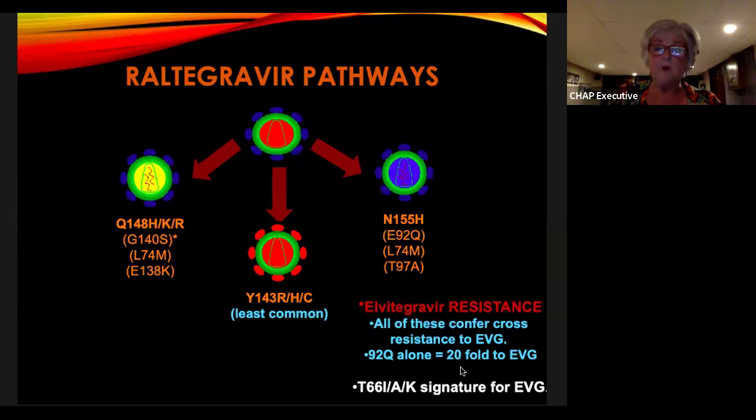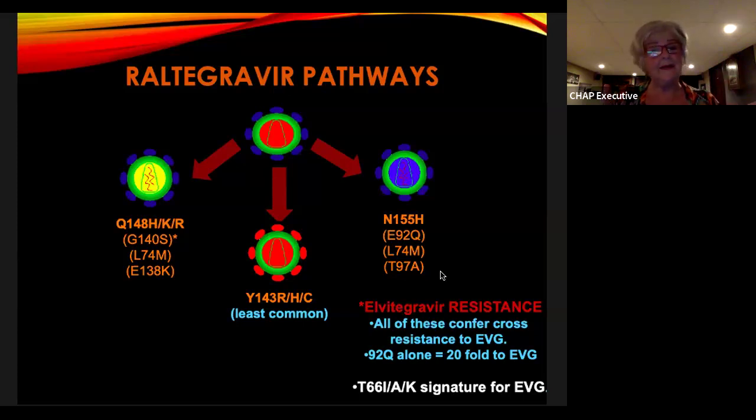All right. The most common pathway is this 148H, and it confers the greatest loss of drug susceptibility to all the first generation integrase inhibitors, including some loss of susceptibility to the second generation as well. Of note on this slide, I've included elvitegravir, which is also a first generation integrase inhibitor, in combination in a product called Stribild or Genvoya, that all of these pathways also confer resistance to elvitegravir.